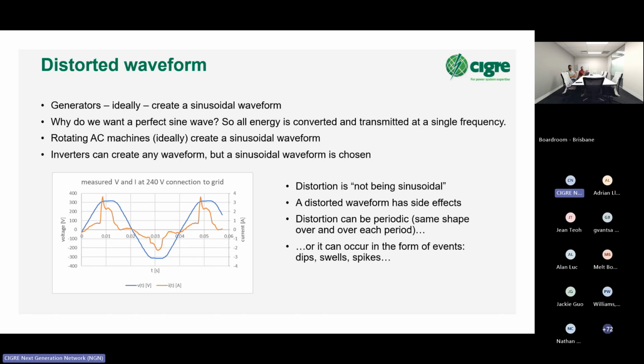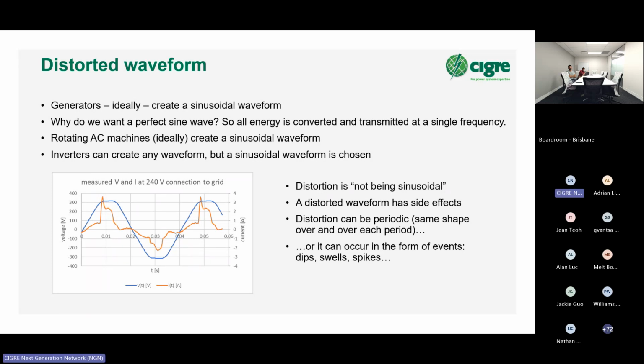However, there are power quality issues that make the waveform non-sinusoidal every now and then, and other ones that are periodic. If we look at this picture, we can tell that the wave is periodic and non-sinusoidal, and every period, every 20 milliseconds, it repeats.